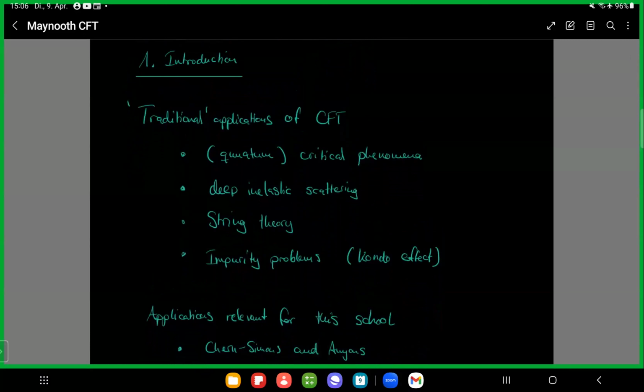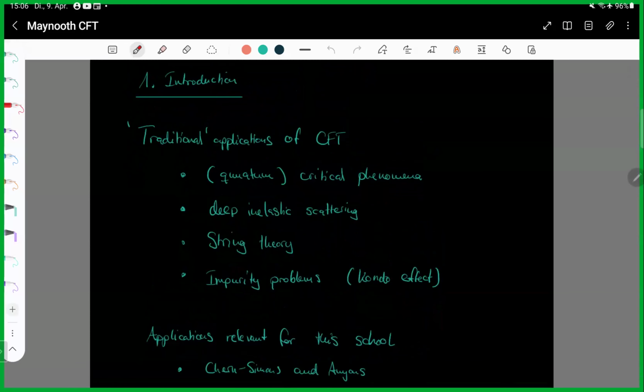So there are some traditional applications that made CFT what it is, where CFT basically earned its name. The foremost one is critical phenomena, quantum critical phenomena, where in the 80s people realized that phase transitions, in particular of second order, could be described by conformal symmetry, which was very striking because the conformal symmetry that people were studying was infinite dimensional.